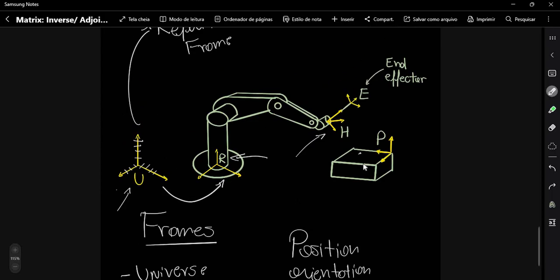We are tracking this information, which is passed to a matrix. In a real application, we pass these matrices, which contain the coordinates of the position and orientation, to a controller.